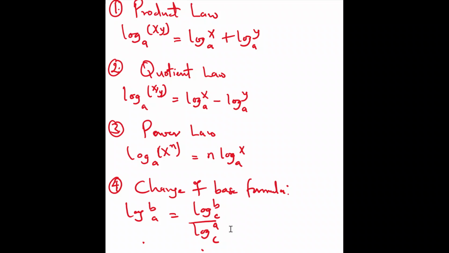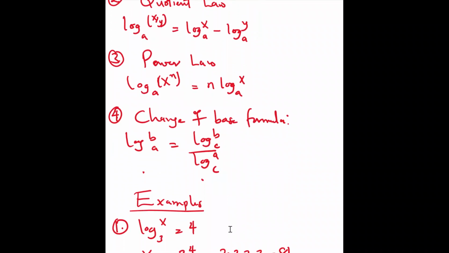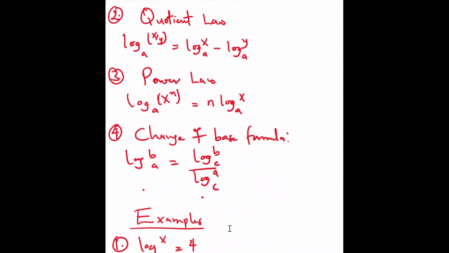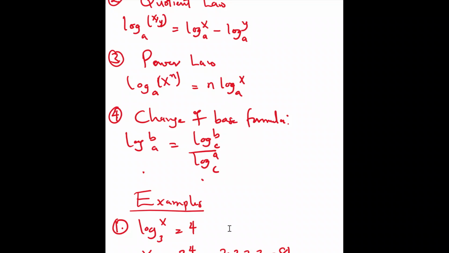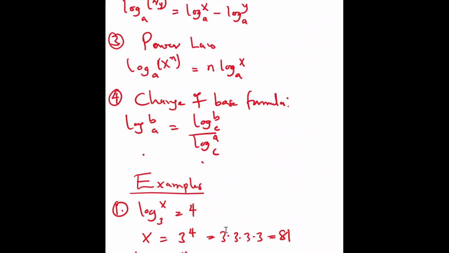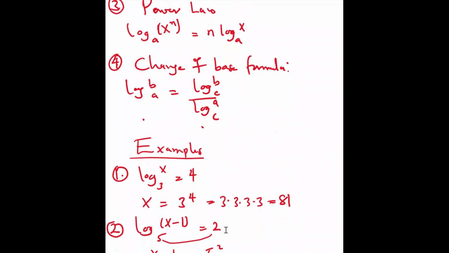Let's do some examples. The first example is log x base 3 equals 4, so x equals 3 raised to the power 4. 3 times 3 is 9, 3 times 3 is 9, and 9 times 9 is 81. Number 2: log (x minus 1) base 5 equals 2.